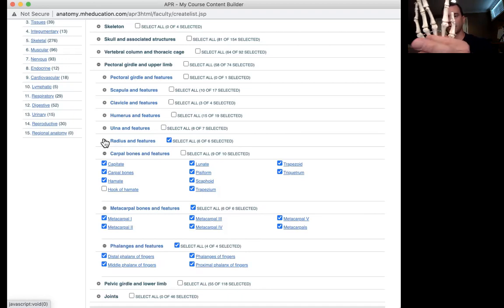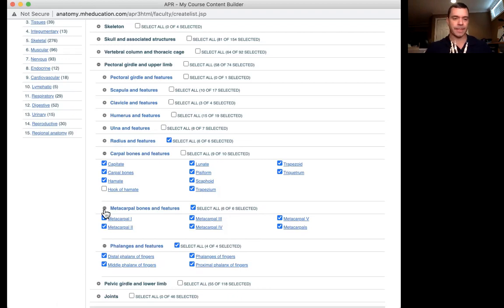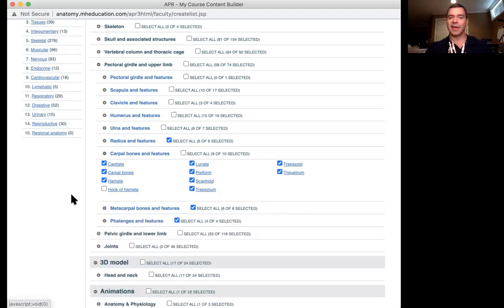Metacarpal 1, 2, 3, 4, 5. Number 1 is associated with the thumb, and then go from there. So those are easy, just like in the foot.